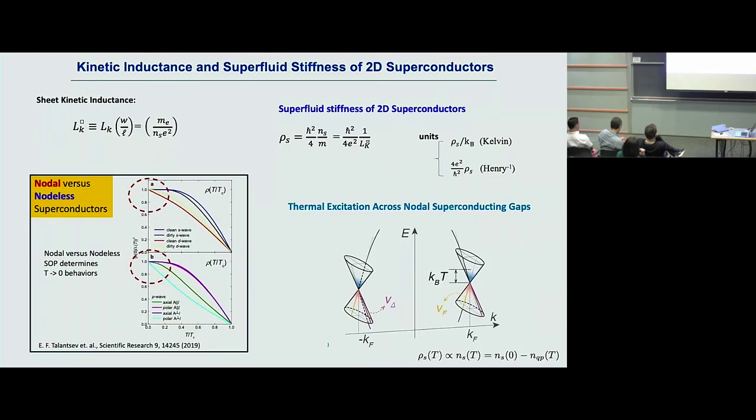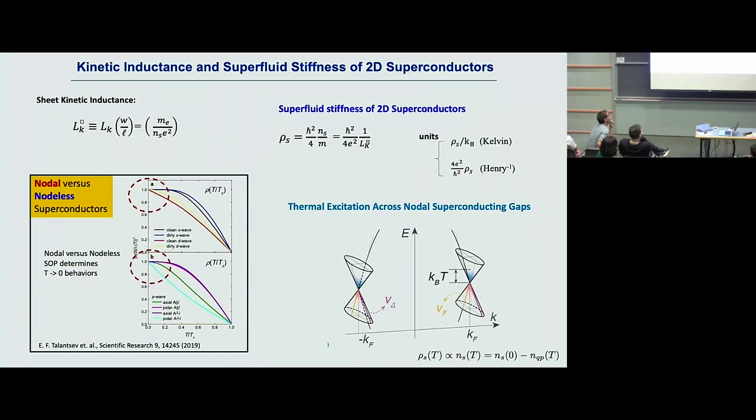For any nodal superconductor, it doesn't matter whether P, D or F, as long as there's a node, as you increase the temperature, you see the superfluid stiffness decrease quite rapidly because you have quasiparticle excitations out of the superfluid condensate, and you expect to see n_s decrease. That's the reason I expect to see this steep decrease of the superfluid stiffness.